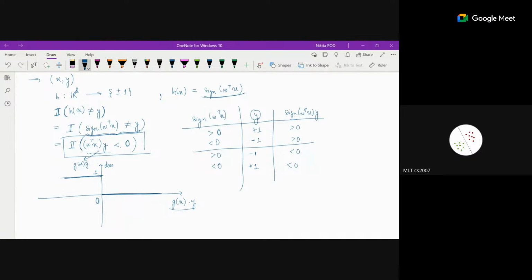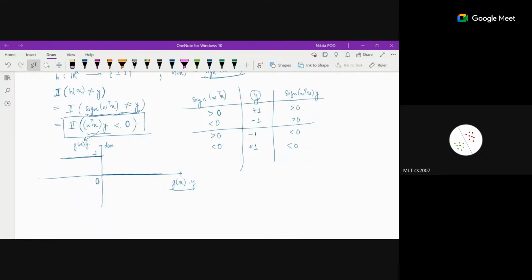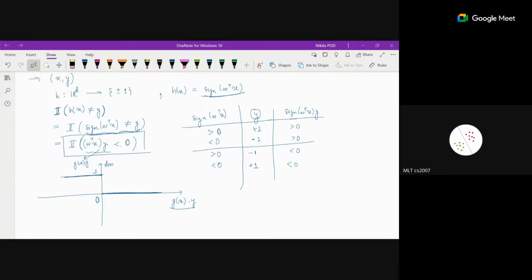And I can see that this is a discontinuous function. This is not differentiable. So what can we do to get certain losses which can be used as an approximation for the 0-1 loss? Since we know this is an NP-hard problem, and as we can see from here also, this is not a convex function.